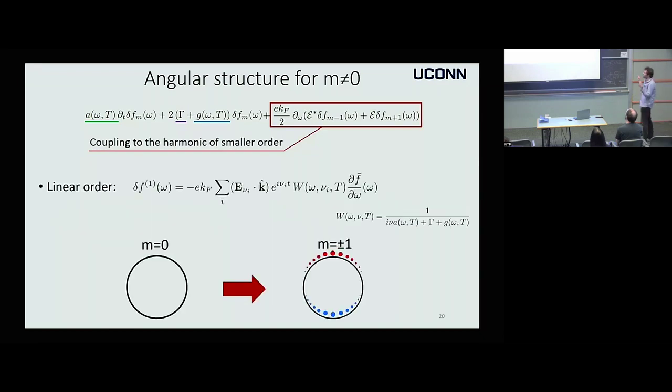For example, if you do just linear response, you start from m equals 0, and then you get plus or minus 1. Essentially, this is very similar to the Boltzmann expression. There is the derivative of the equilibrium distribution, and then there is a factor which takes into account frequency and the scattering rate, including this anomalous component that would be of interest to us.